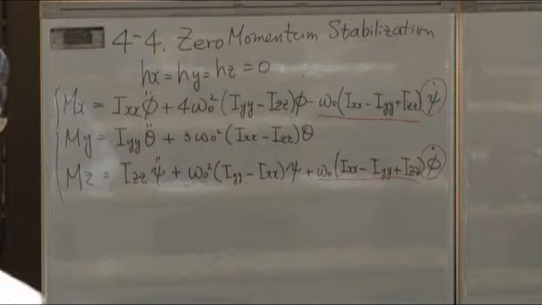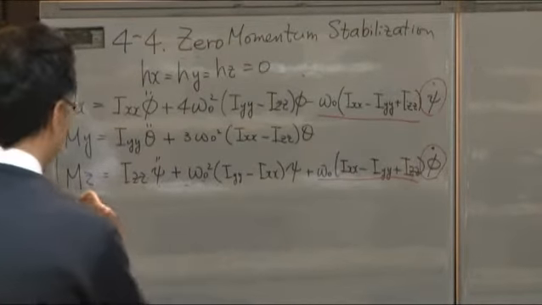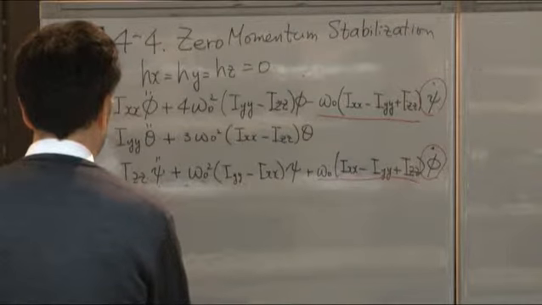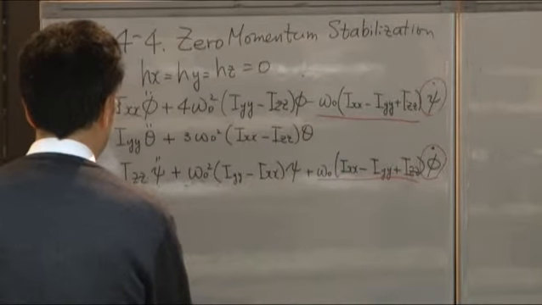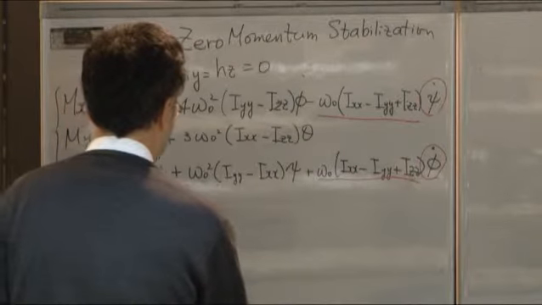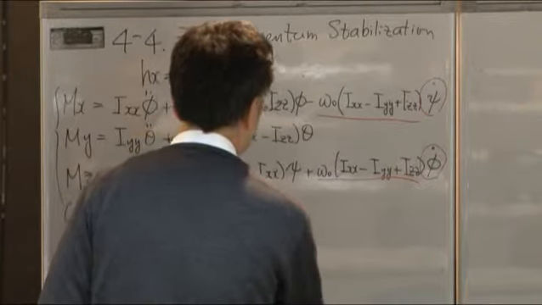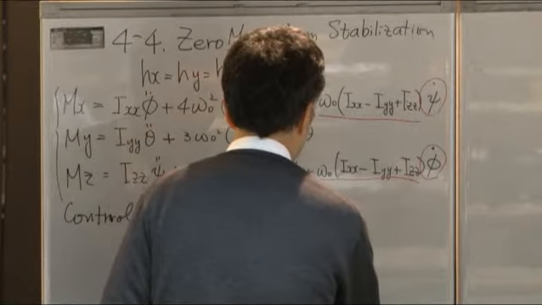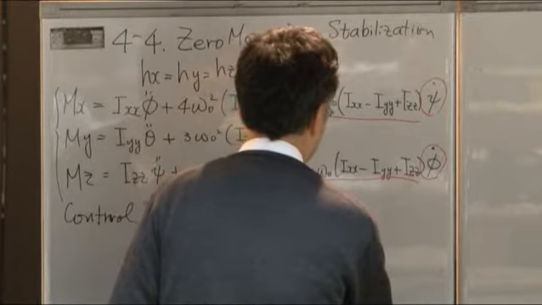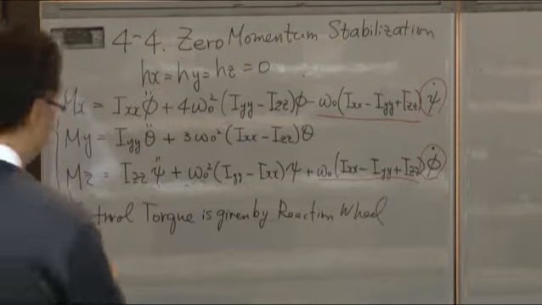The control force is usually generated by the reaction wheel at each axis. Control torque is given by the reaction wheel.